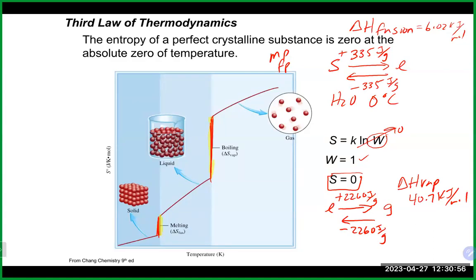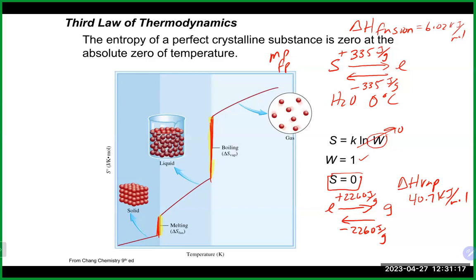As you could also see, it takes a lot more energy to do which transition? It takes a lot more energy to go from liquid to gas than it does to go from solid to liquid. And that's because as you go from solid to liquid, everybody is still relatively close to each other. A little bit more room for movement in the liquid phase, which is why liquids are fluid.